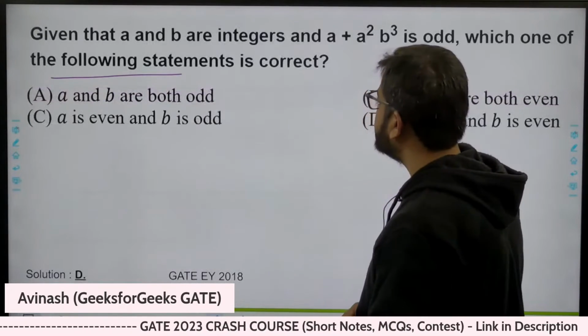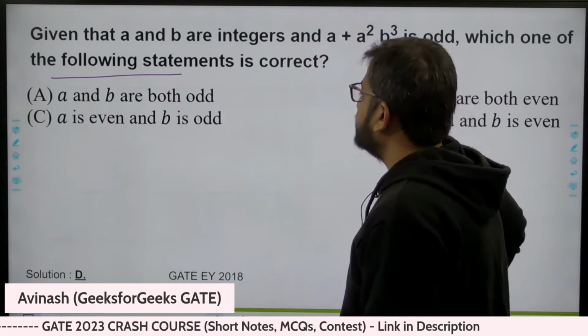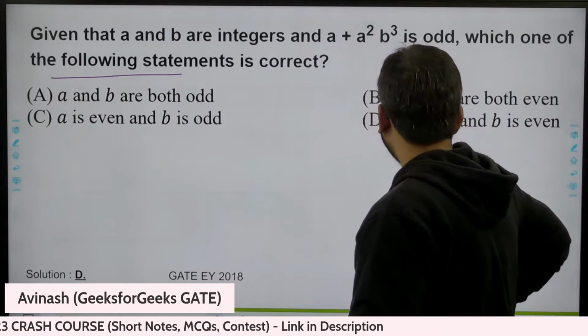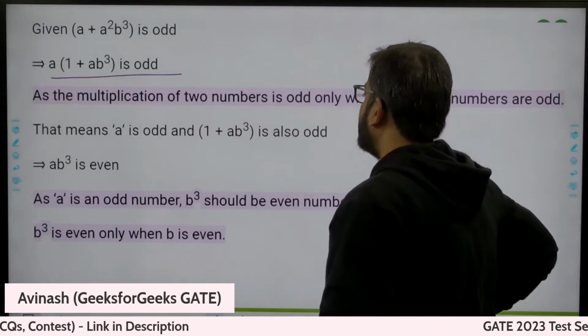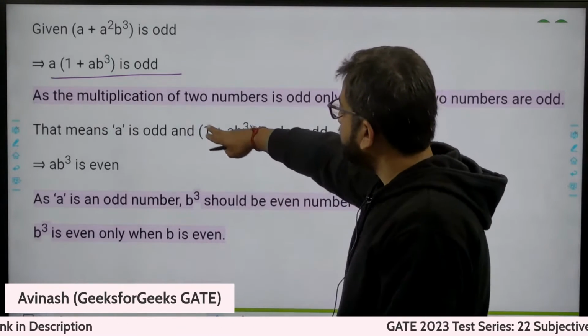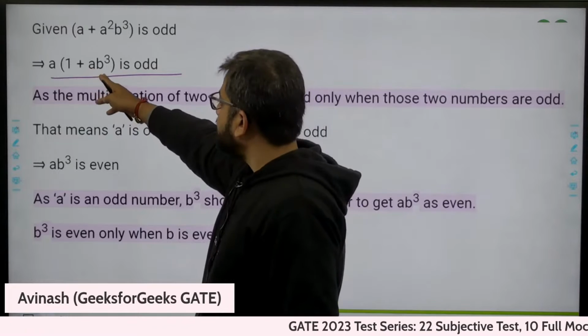And now question 1 is saying a and b both odd, a even b odd, a b both even, a odd b even. Now it means this a times (1 plus a b q).